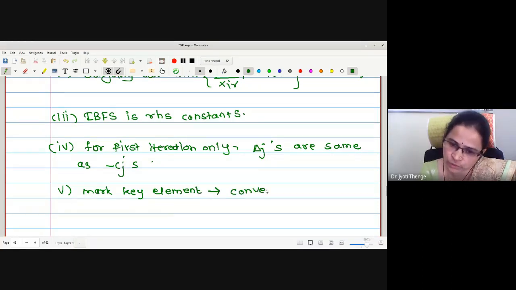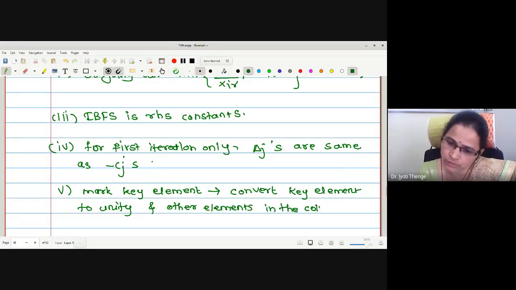Convert the key element to unity and other elements in the column to 0.